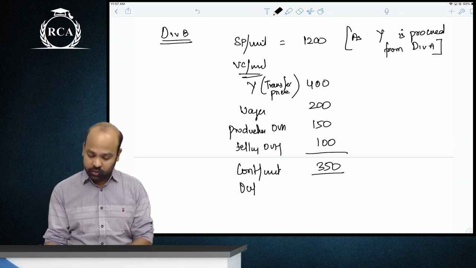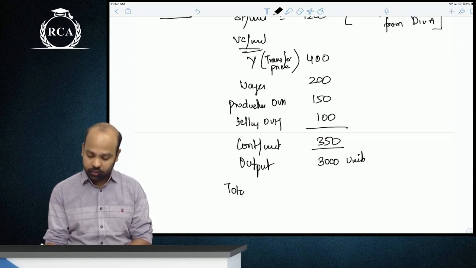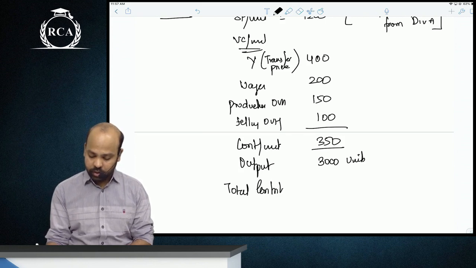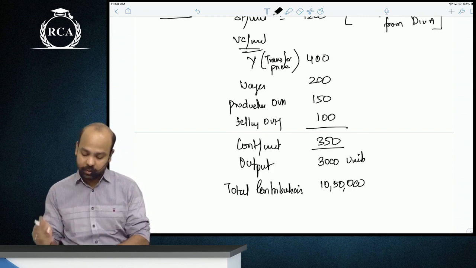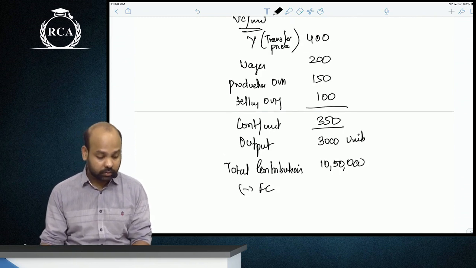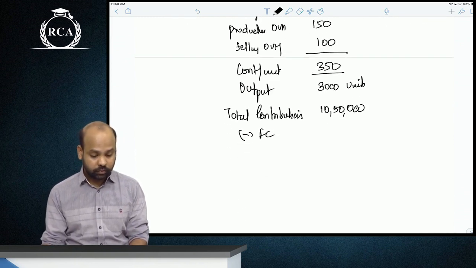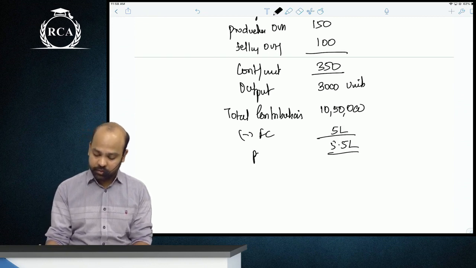The output as such, guys, is 3000 units. So this would give us a total contribution of 10 lakh 50,000. 350 into 3000. Correct, beta. The fixed cost that we are incurring is 5 lakh rupees. So the profit that we would be making, beta, is 5.5 lakhs.